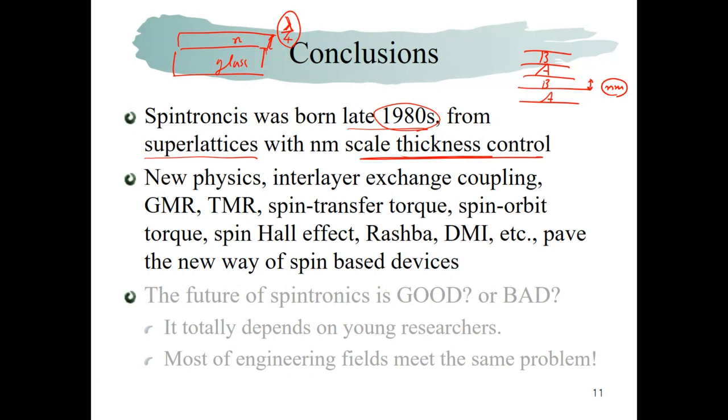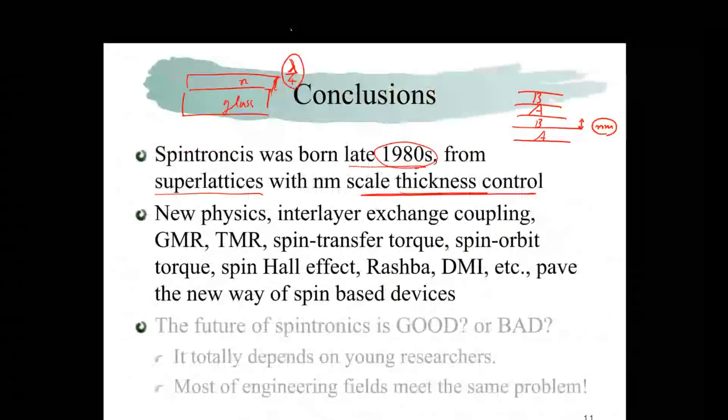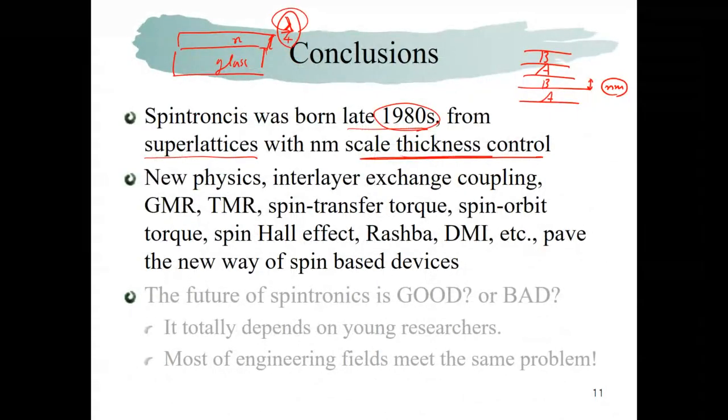The important thing is lambda, the wavelength of your light. When you make this kind of layer structure, you have to control the thickness to within a few percent of lambda. With a large thickness, you cannot make good optical devices. So for optics, you need to control the thickness on the order of lambda.